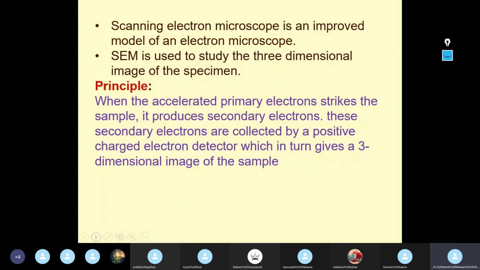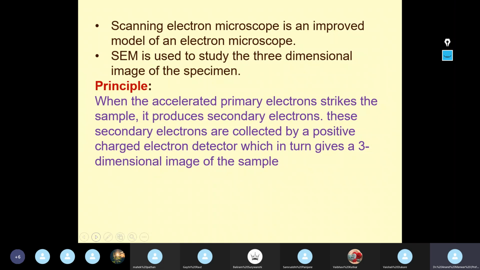In the scanning electron microscope, as I stated, it is an improved version of the electron microscope. Whatever drawbacks were there with the transmission electron microscope were removed in the scanning electron microscope. The scanning electron microscope is used to study the three-dimensional structure of a specimen sample.